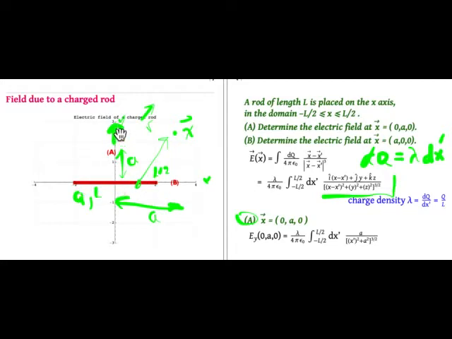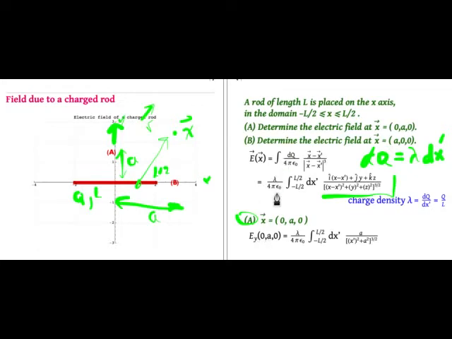Well, by symmetry, the only term that will be non-zero will be in the y direction. The only component of the electric field will be in the y direction. So Ex and Ez will be 0. What it comes down to is calculating Ey.